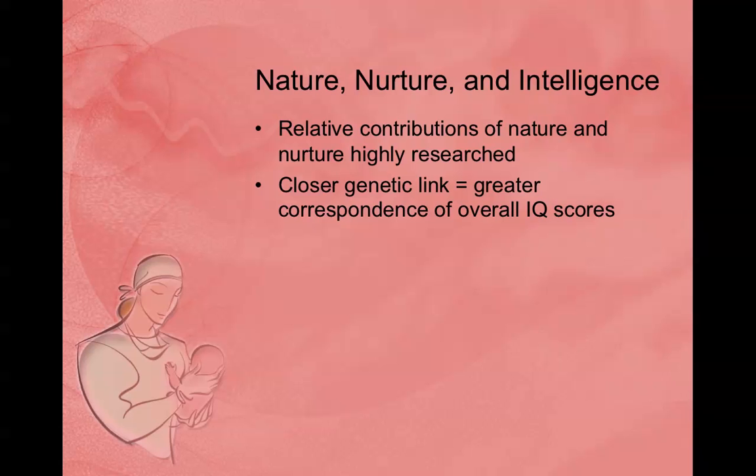The relationship between nature, nurture, and intelligence has also been widely studied. And the closer the genetic link between individuals, the greater correspondence there is in their overall IQ scores.